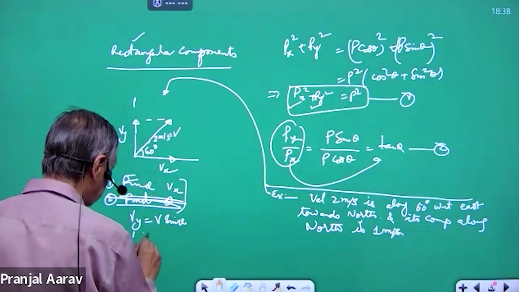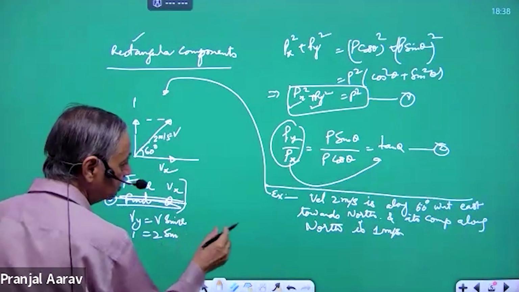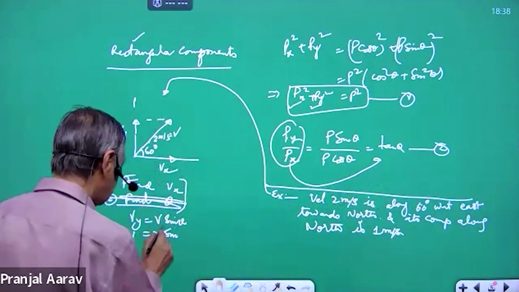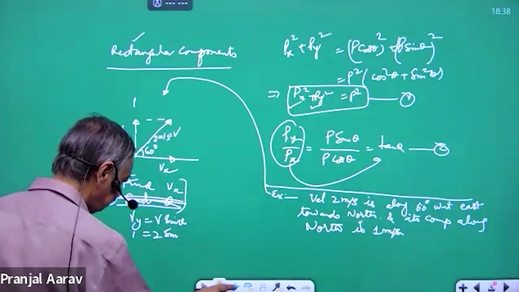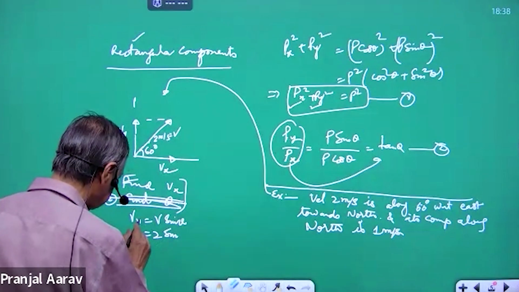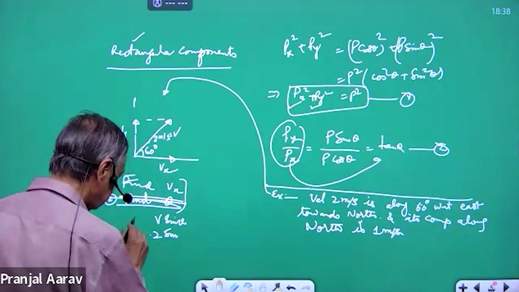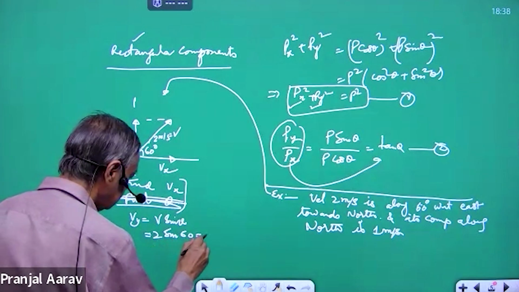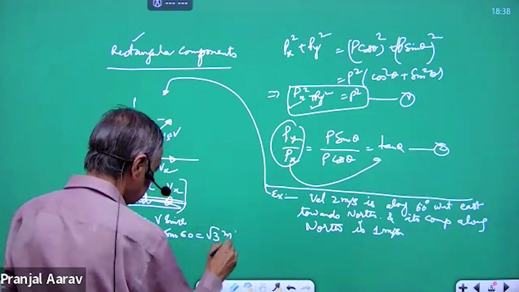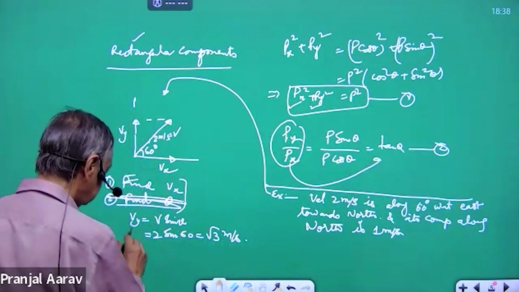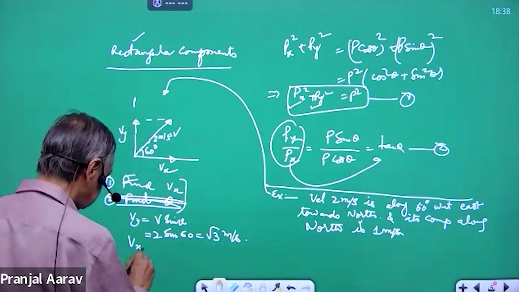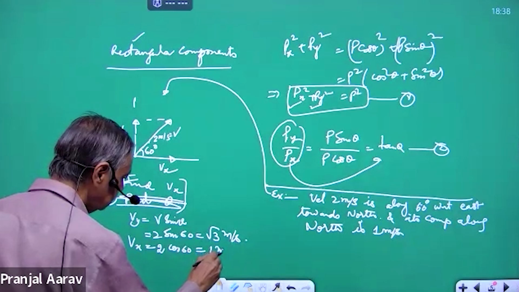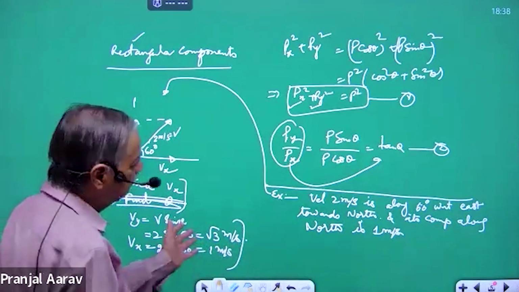So 1 is equal to 2 sine 60 degree. There is just application of this formula.